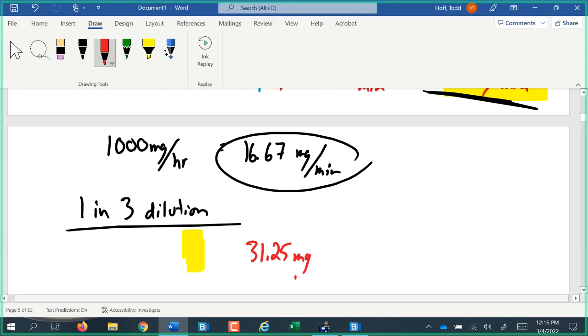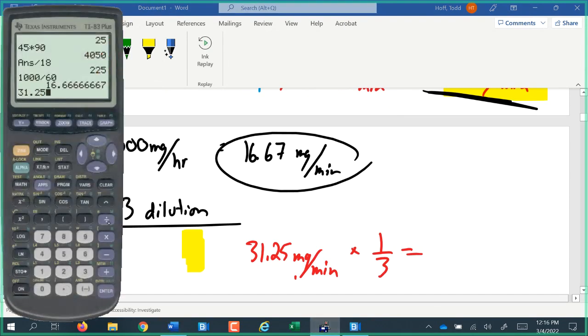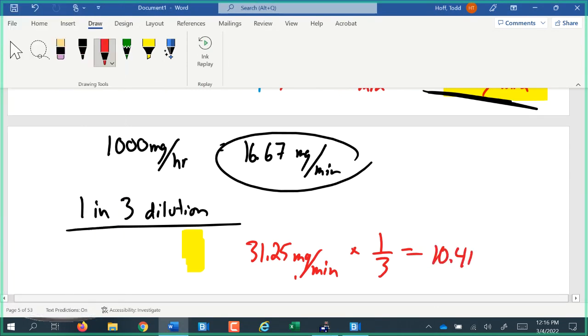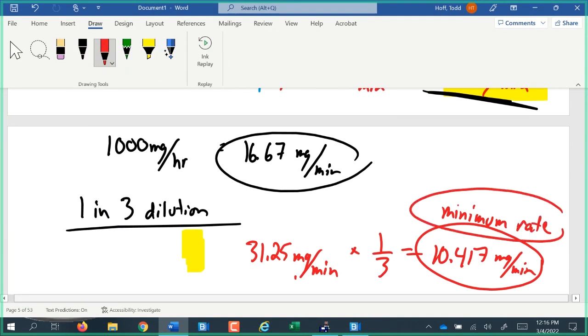I can write it out as a unit rate per minute times that 1:3 dilution. 31.25 times 1:3 gives us 10.417 basically milligrams per minute is our new minimum infusion rate. Well, that is well below the desired 16.67 milligrams per minute that we want for this patient. So that dilution is the tool that allows us to adjust our medication.